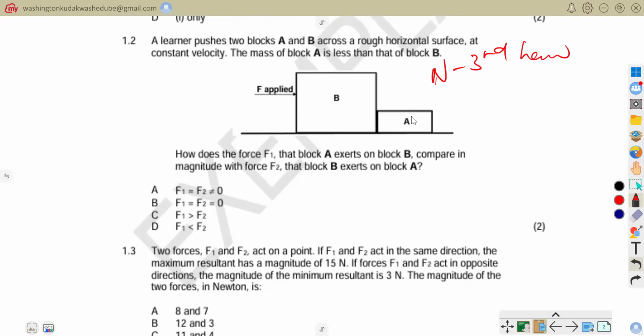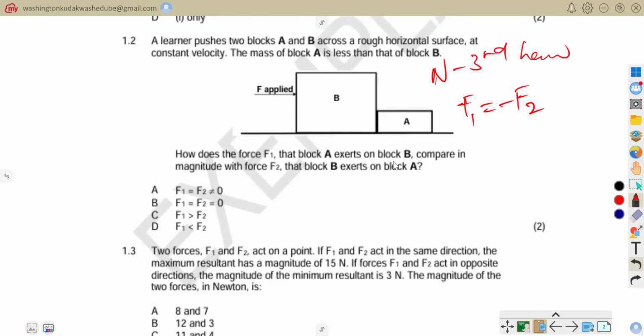whenever an object is in interaction with another object, let's say object A interacts with object B, object A is said to exert an equal and opposite force to the force that will be exerted simultaneously by B. So we know that force 1 is supposed to be equal to force 2, but in the negative direction.